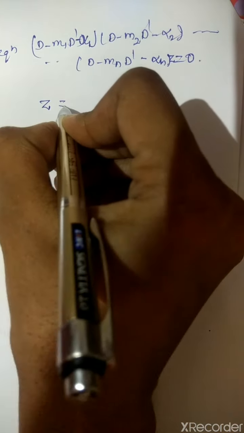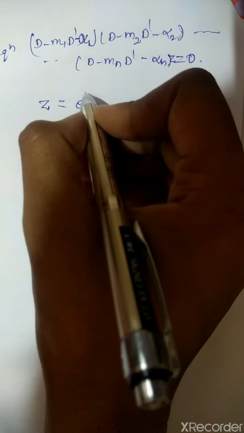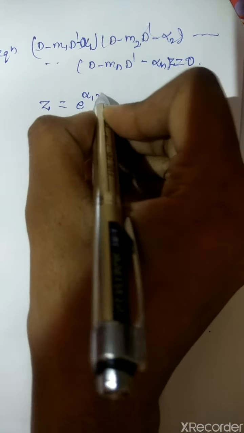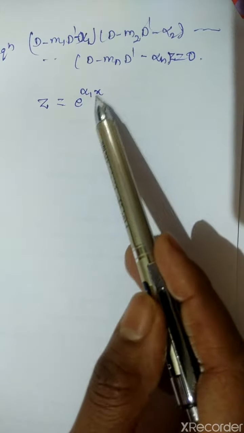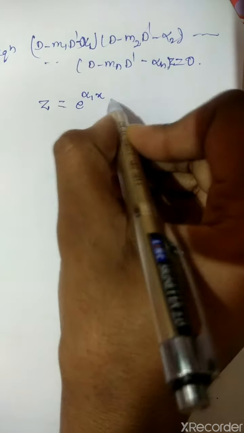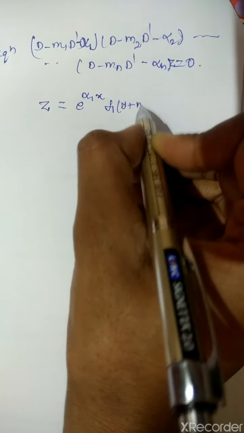For this we will write z = e to the power alpha 1 x, because in the first factor we are getting alpha 1 here. So we write e to the power alpha 1 x f1(y + m1 x), because here it is m1.